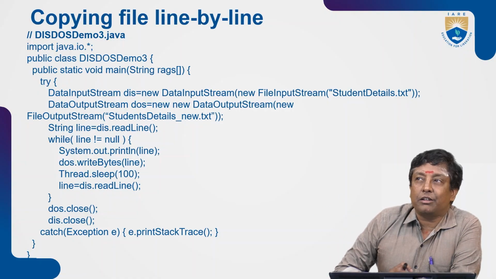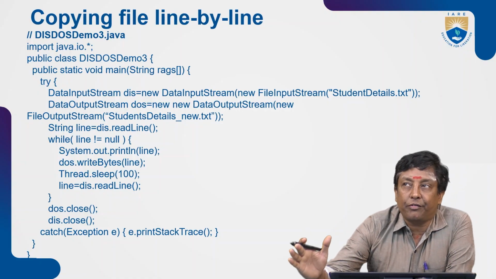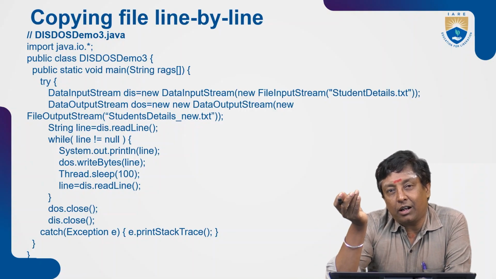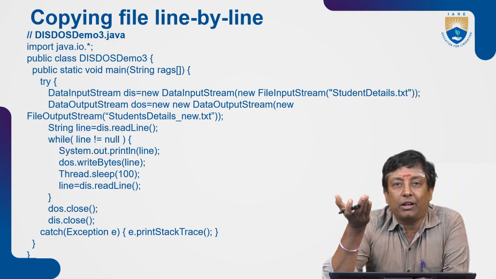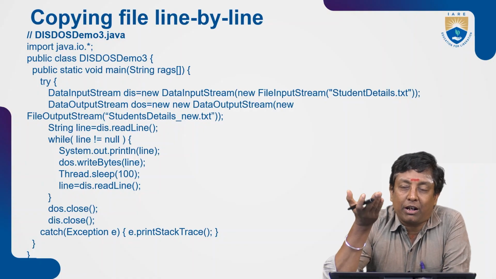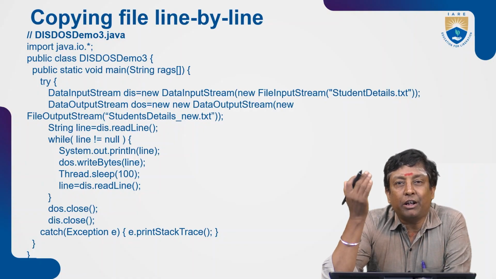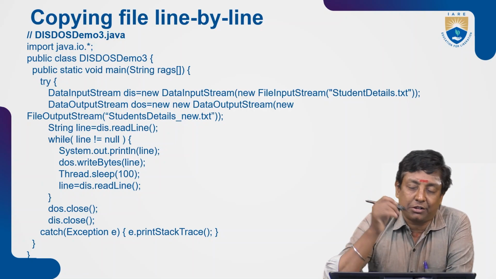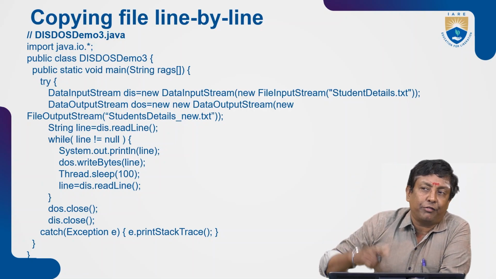If there is no character to read from the file, the read method of the file input stream returns -1. If -1 comes, that means we have reached the end of the file. That was the condition in file input stream, and subsequently, we wrote using file output stream.